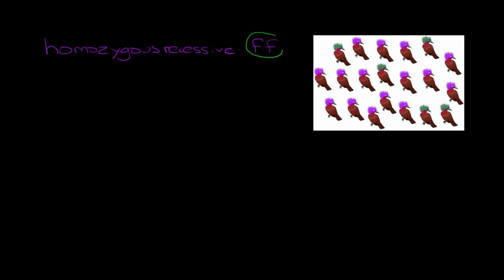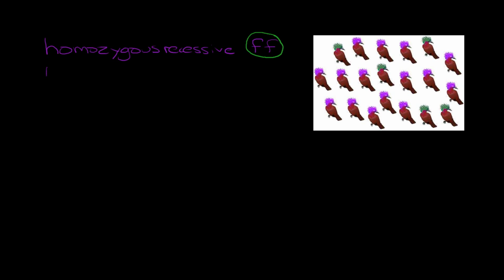If you remember, in our fruit doves from our fictitious island, the recessive allele codes for green head feathers, right? So homozygous recessive, homo means same, recessive means we're looking at the recessive allele, which is represented by the lowercase letter. In this case, the recessive allele is for green feathers.